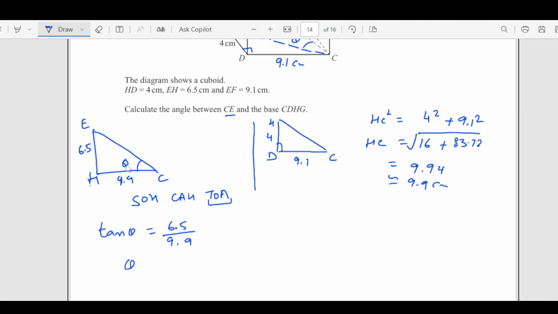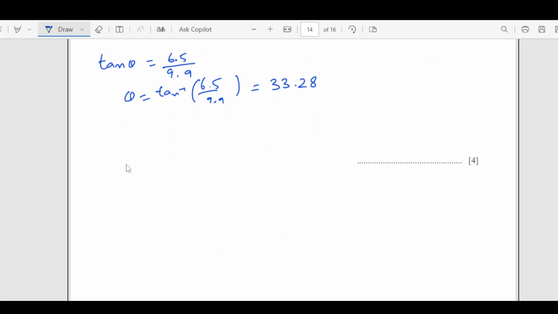So theta is equal to tan inverse of 6.5 over 9.9. This is 33.28, so we can write 33.3 degrees.